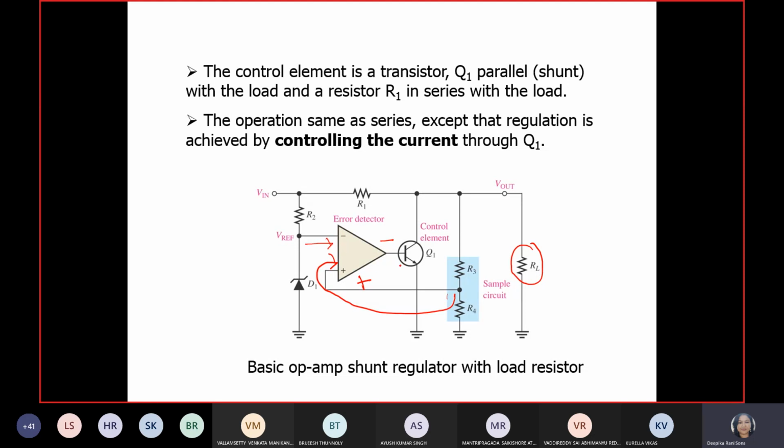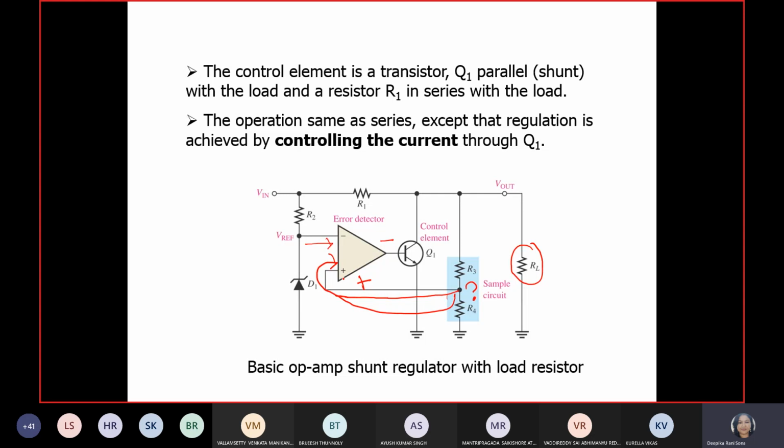So how will the circuit be balanced out? The concept is the same. If there is a fluctuation in the output voltage, the same voltage will be conveyed to this point. Now this is not the reference voltage guys, this is an intermediate voltage, because this is a voltage divider circuit. So this intermediate voltage will be applied to the non-inverting input of the op-amp.